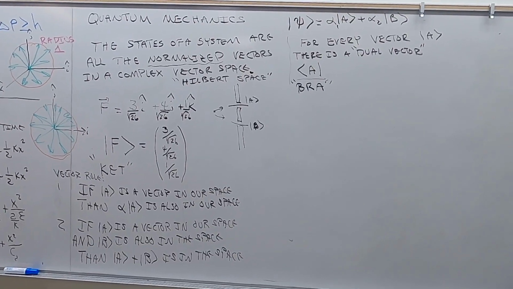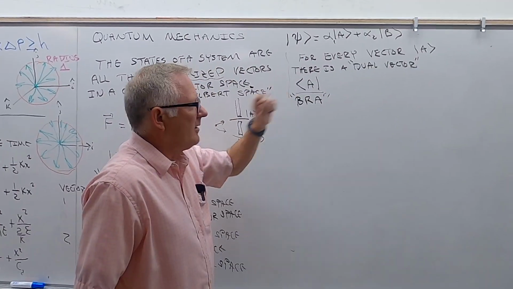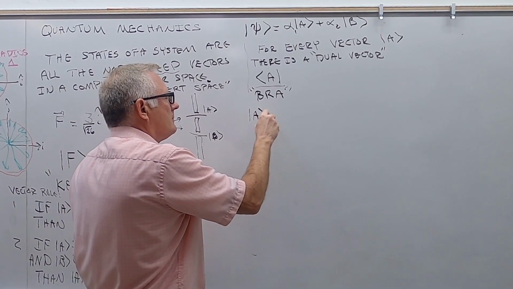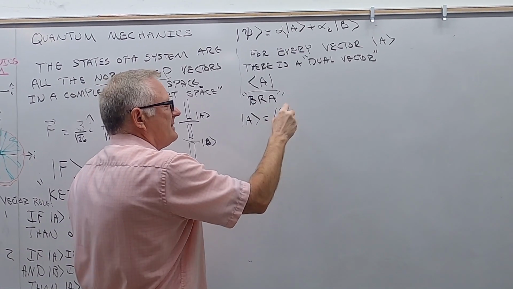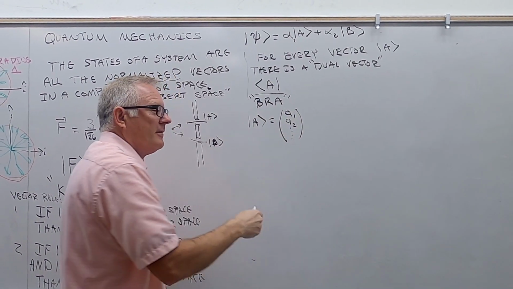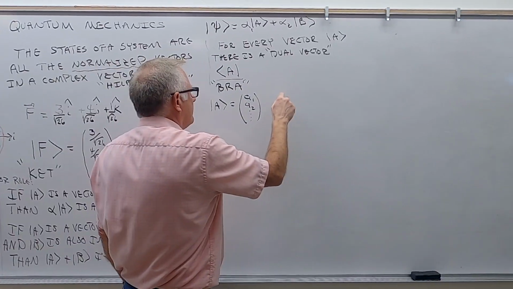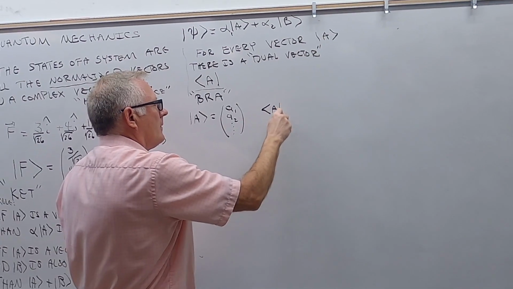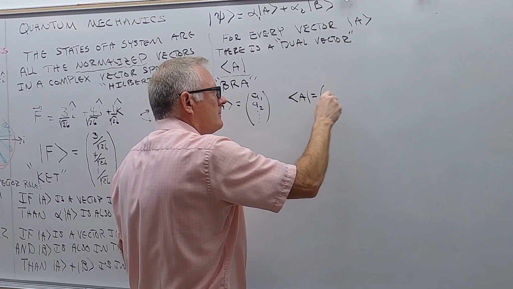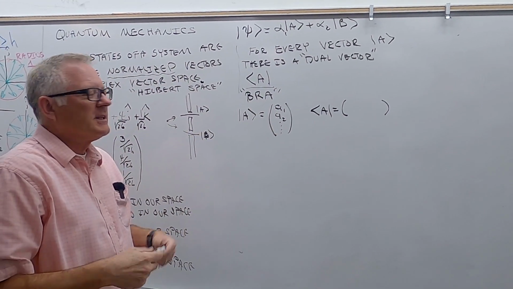Okay, so now, what does that do? How do you go from this vector to the dual of this vector right here? Well, if A was some list of numbers, A1, A2, depending on the dimension of it, then the dual of it, what you do is you turn it into a row, and every element you replace with the complex conjugate.